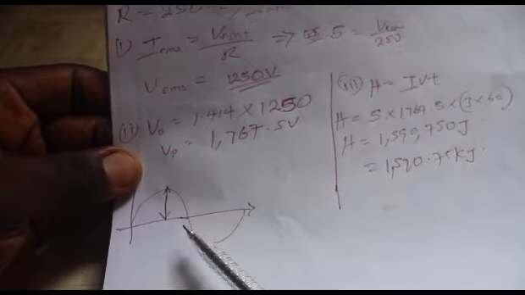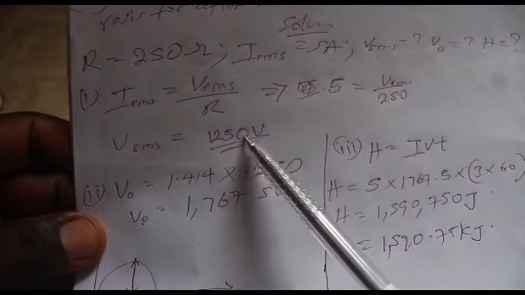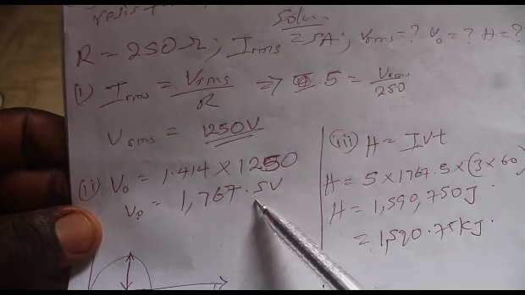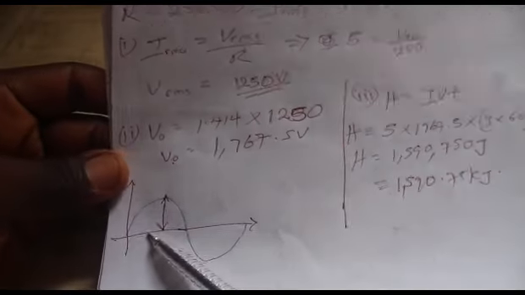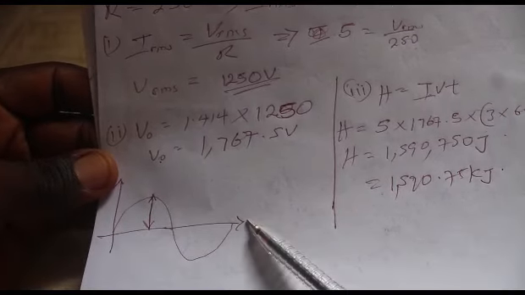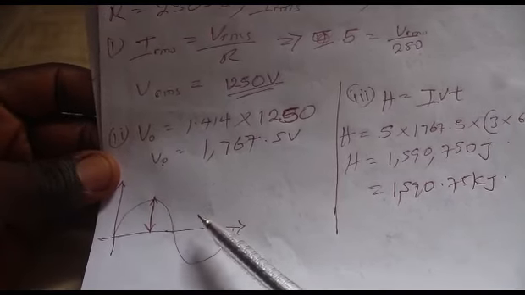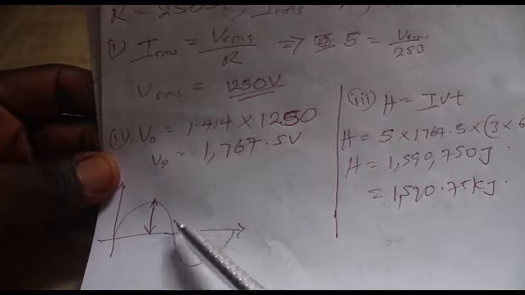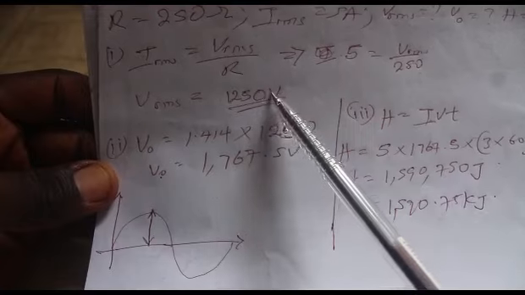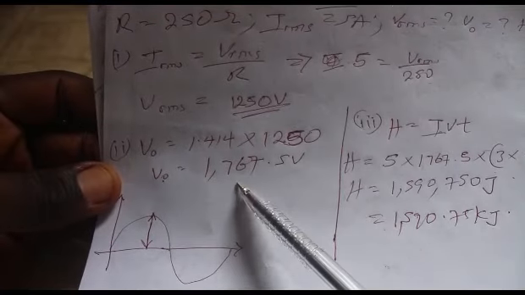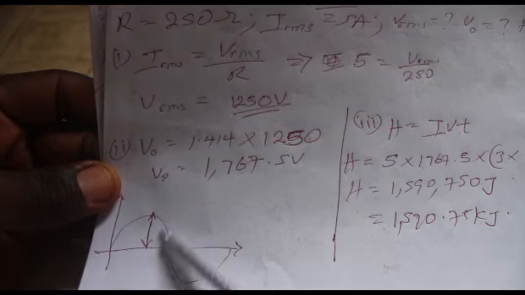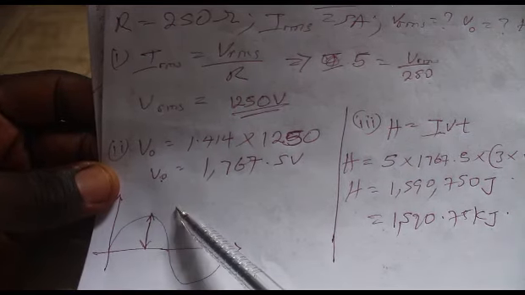And like I told you, the RMS value of the voltage is always smaller than the peak value of the voltage. That's because the RMS value comes from the mean square of all the voltages here, which is why it's always smaller. It is the effective value of the voltage in the circuit, while the peak value is the maximum recorded in the circuit.